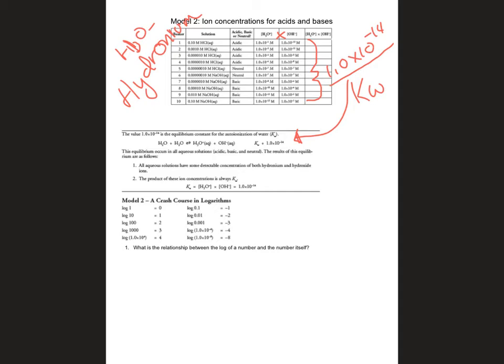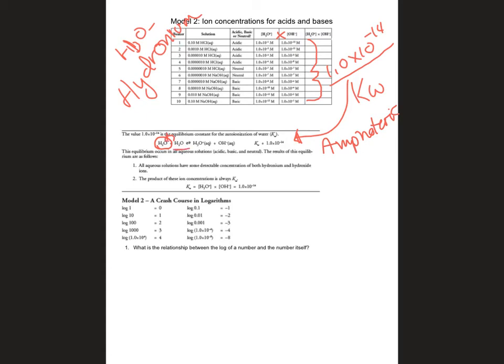So what that means, which you should have seen also from the last video or last section, is that water is amphoteric, meaning it can be an acid or a base. So right here, this guy here, he's acting like a base because he's grabbing a proton off of the other water.